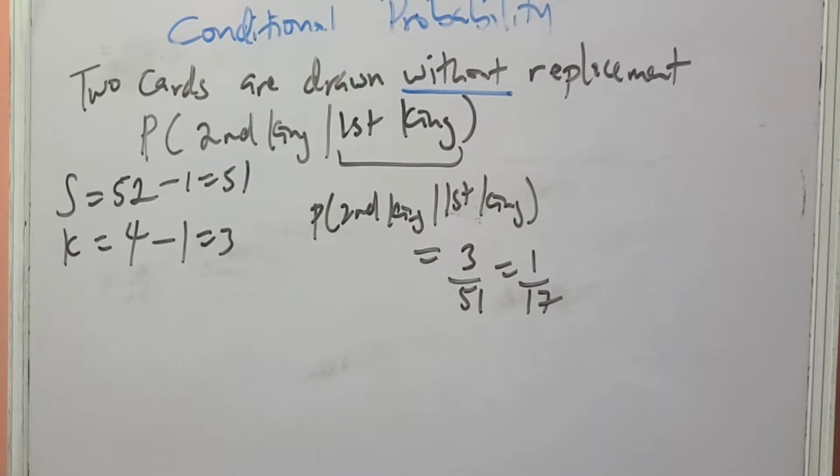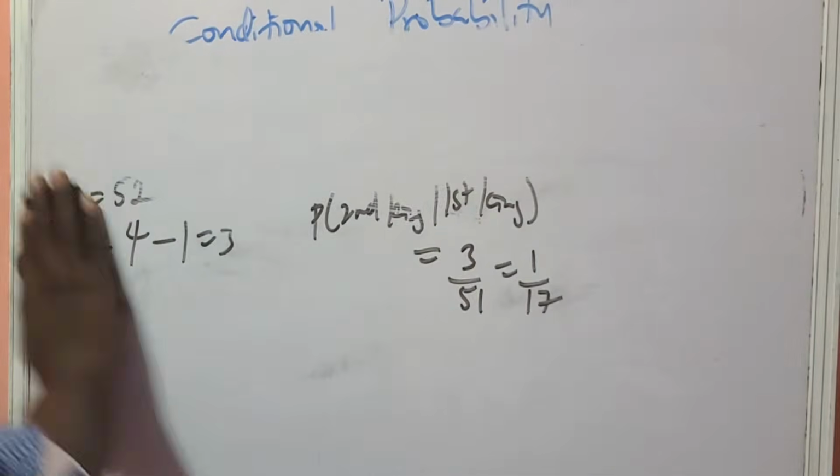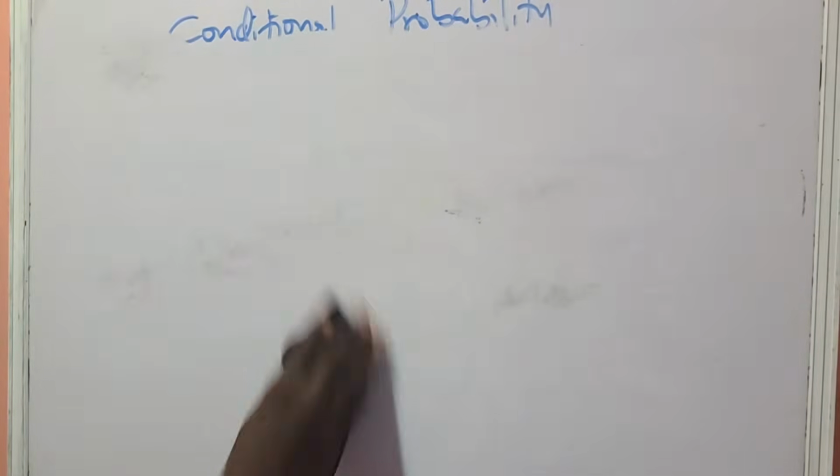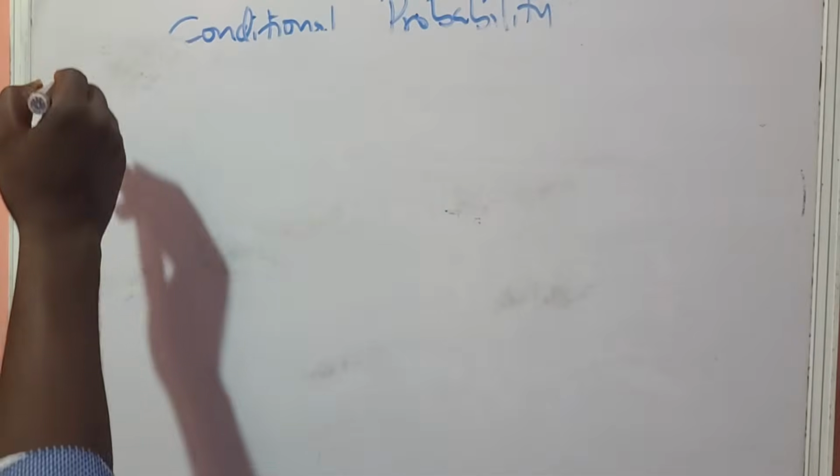I need to submit to you that there is still a different one, similar to the kind I used to explain initially. But I want us to exhaust this so that you guys can be very sound with this. So look at this question quickly. A bag contains 3 defective and 9 good items.